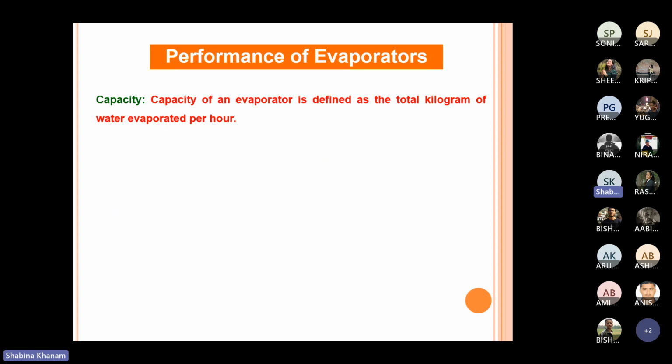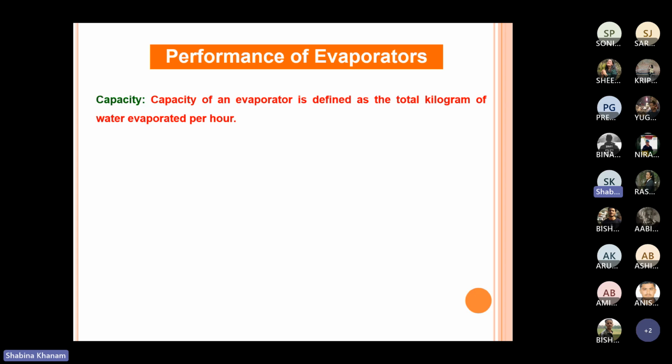That defines the evaporator capacity. It is the amount of water evaporated per unit time, but in industry the time should be in hours only. So capacity would be kg of water evaporated per hour.